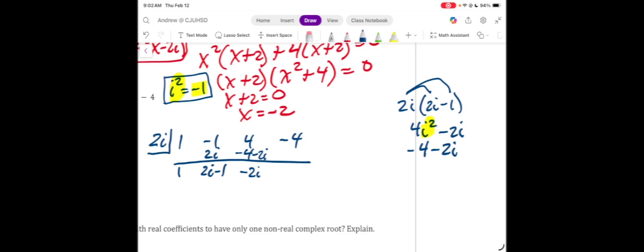Then we're going to multiply 2i times -2i. So let's see, 2i times -2i is 2 times -2 is -4i squared. But remember, i squared is -1, so this is just +4. And it does work out with a remainder of 0. Isn't that cool?